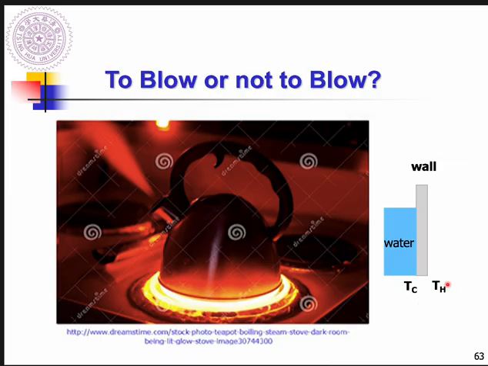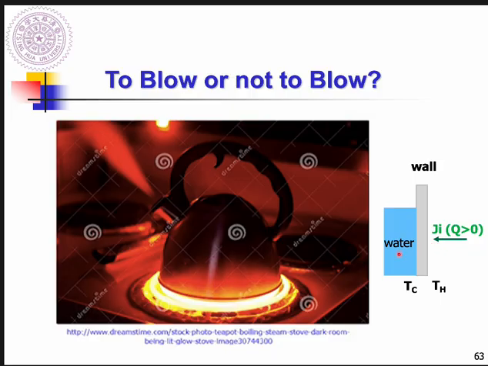The outer side usually has a higher temperature, and the inner side, due to the water, is colder. So the wall suffers a temperature gradient. If the heat of transport is positive, the atomic flux driven by this temperature gradient will be pushed inward, or pushed to the left-hand side.